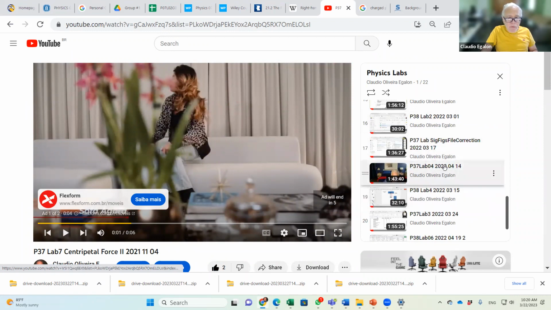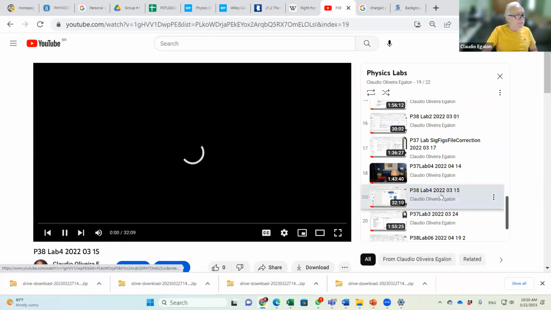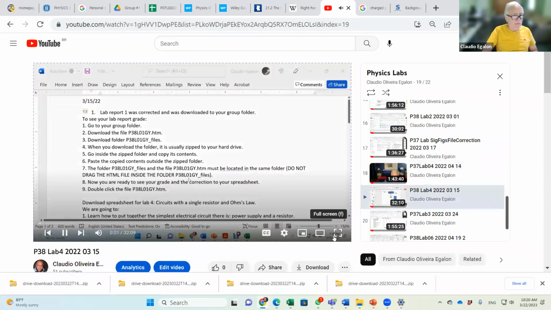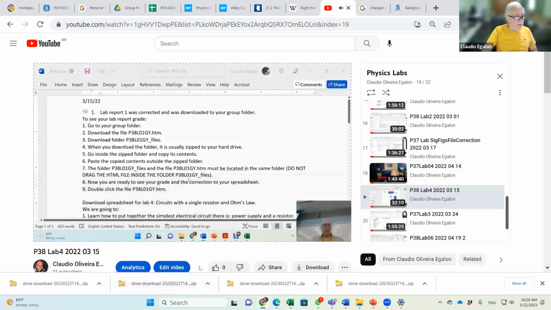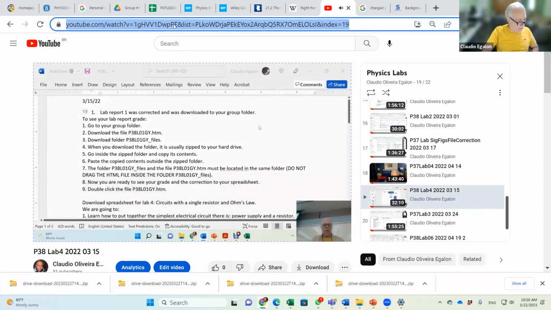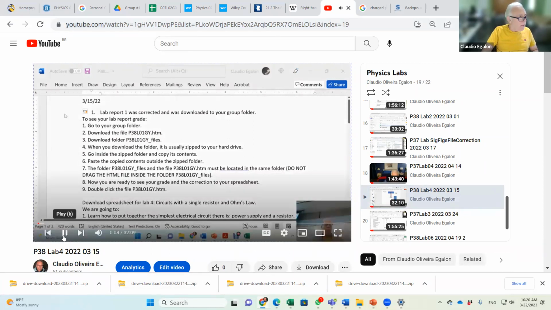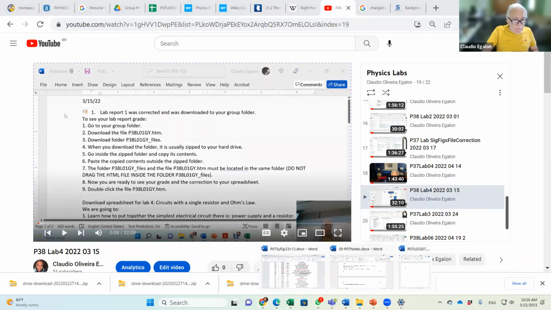We have 2 versions of this lab. This one is 32 minutes, that's the one you want. 2022 lab number 4 is the circuit with a single resistor. I'm going to put a link.